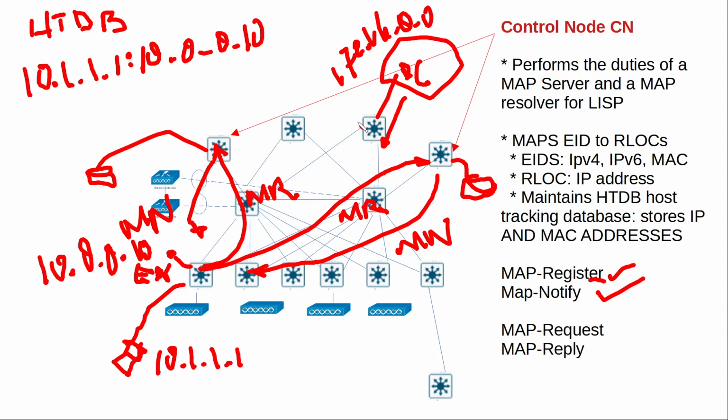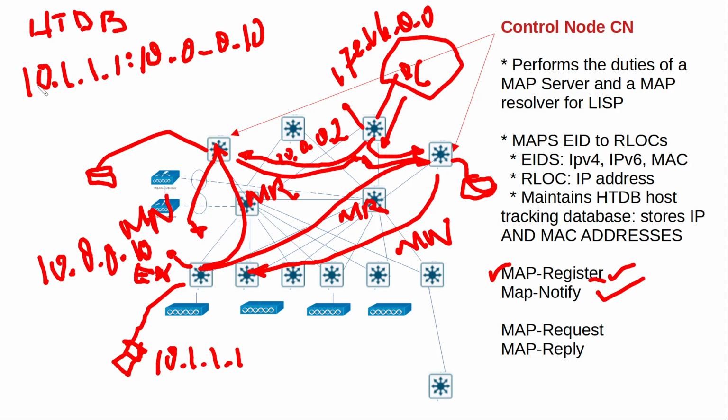172.16.0.0, and this border node has the loopback IP address 10.0.0.2, this border node will also have to register this prefix into the control nodes using a map register message, and the control nodes will have to respond with a map notify message.